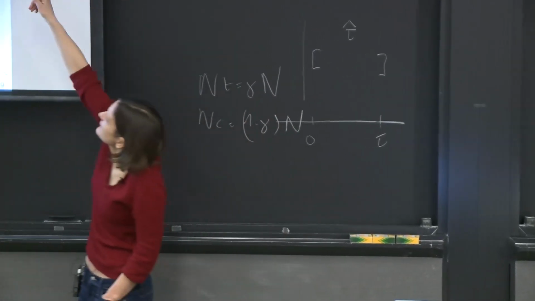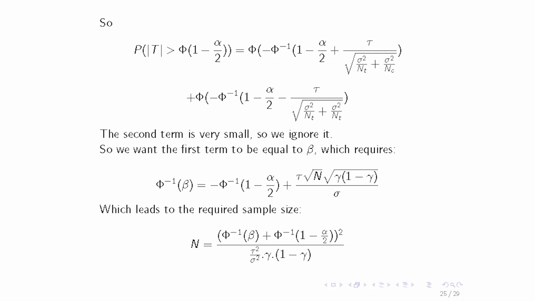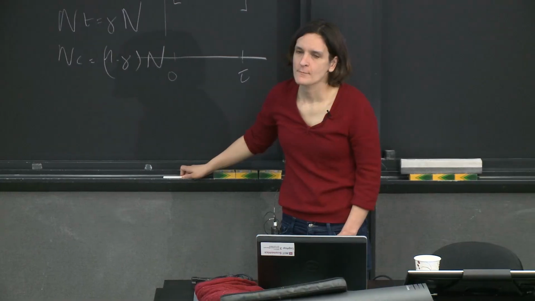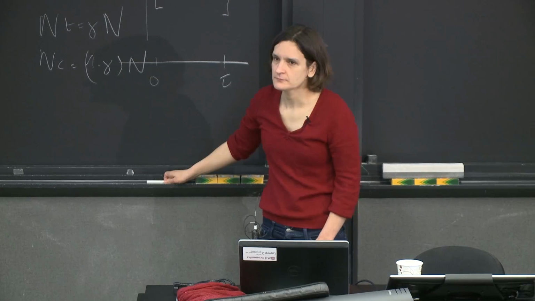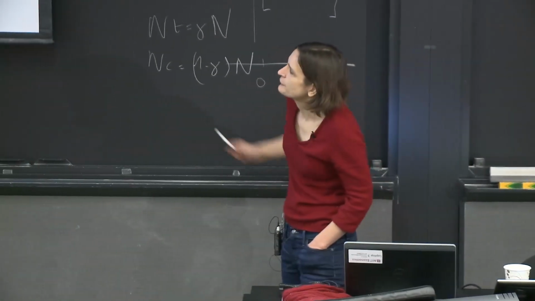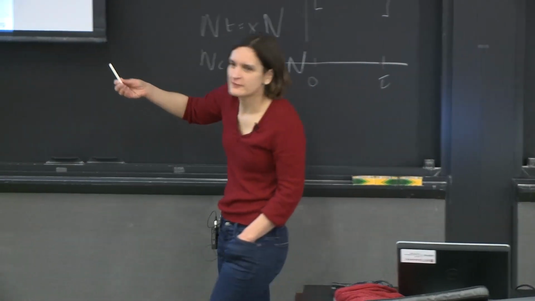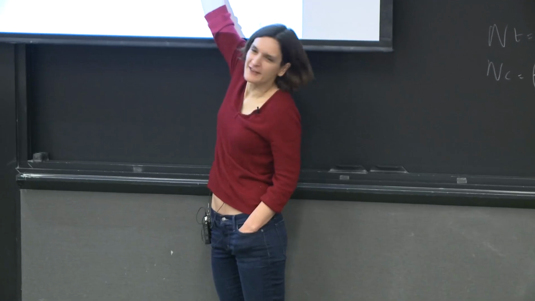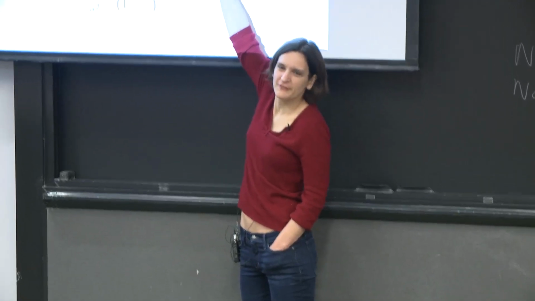So the only thing that happened in this term here is I replaced N_T by n times gamma and N_C by n times 1 minus gamma, and then I moved the terms around. So for example, if gamma is 0.5, this is 0.5 and 0.5 squared, that's 0.5.